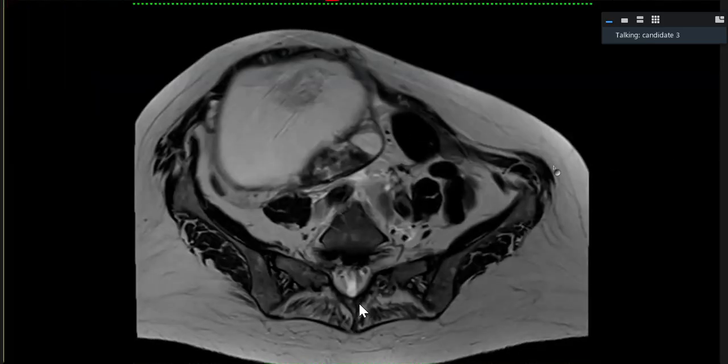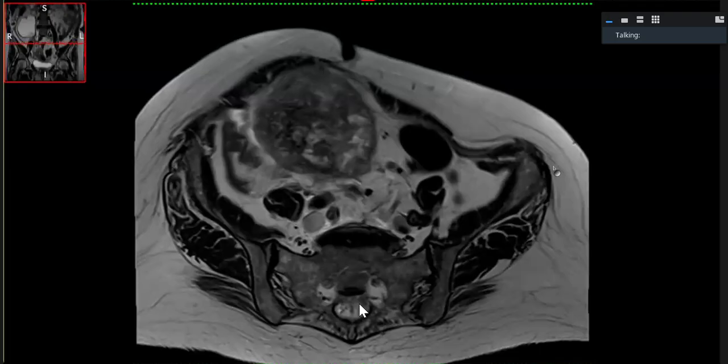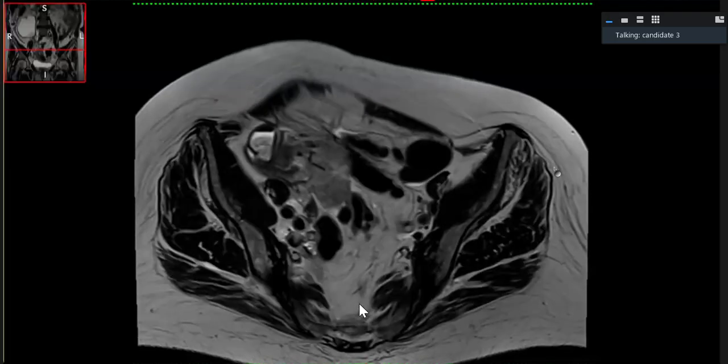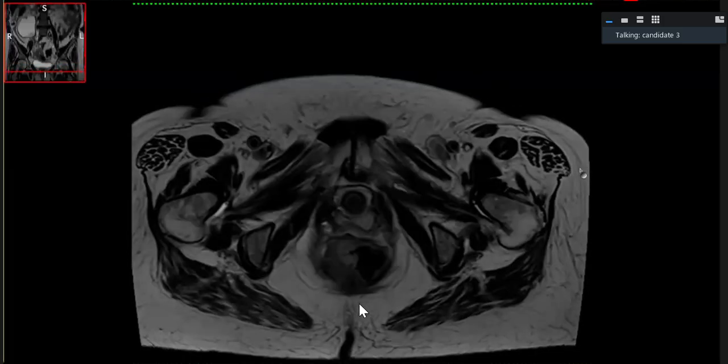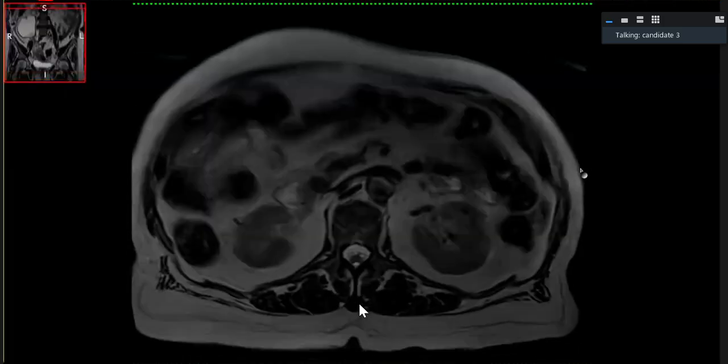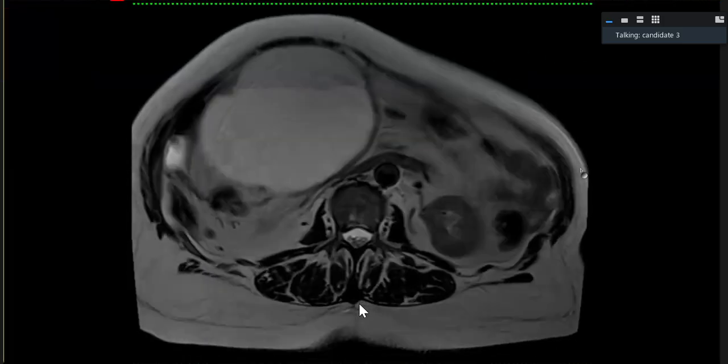This is axial MRI T2 weighted image of a patient who had a lesion detected on ultrasound in pelvic region. First, I will scroll through the whole stack of images and then I will start describing my findings.